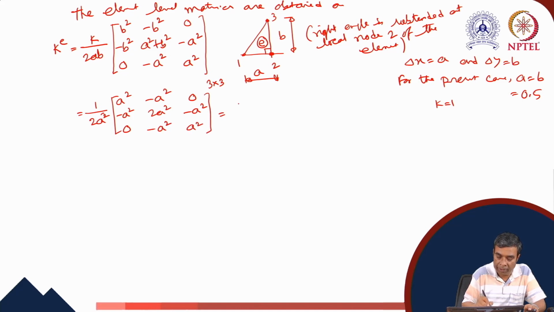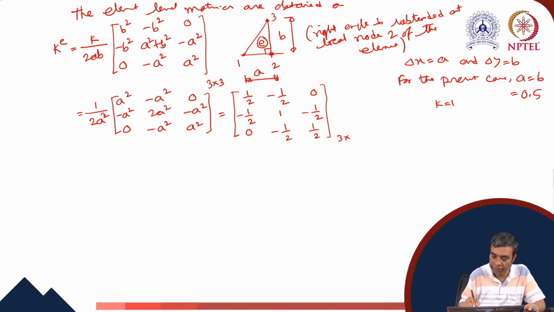So this element level matrix takes the form half, minus half 0, minus half 1, minus half 0, minus half and half. So this is the element level matrix.